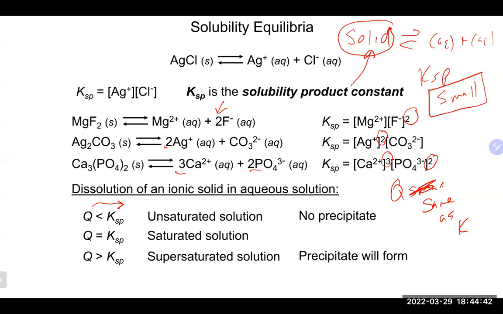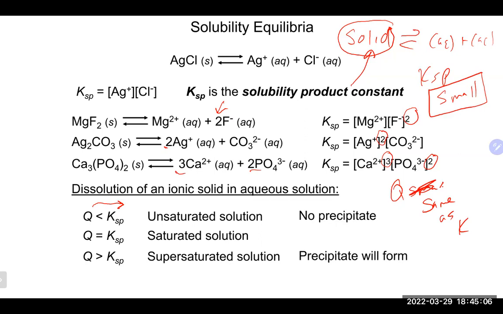If Q is equal to the KSP, you have a saturated solution, and a lot of people ask whether you would see a precipitate or not. You might see a precipitate, but technically you're still at the point where enough will still dissolve. You're right at the tipping point, where if you add one more speck, you'll start to see the solid come out.